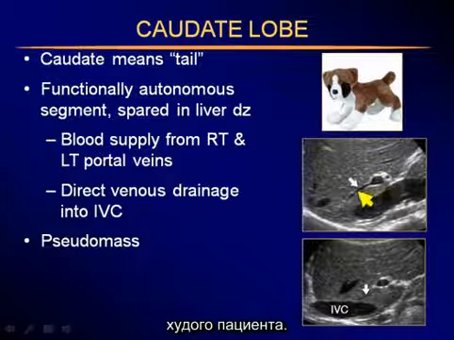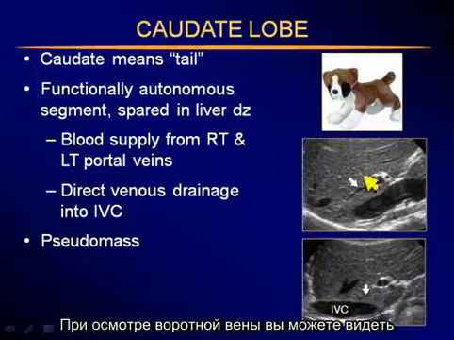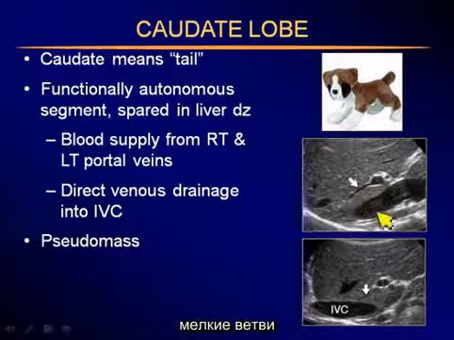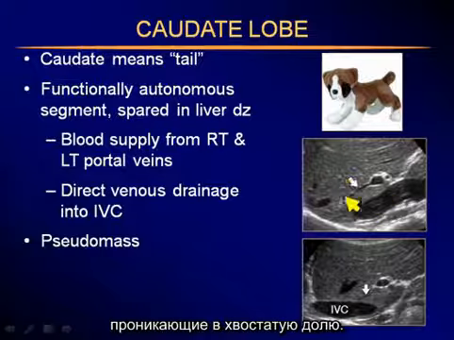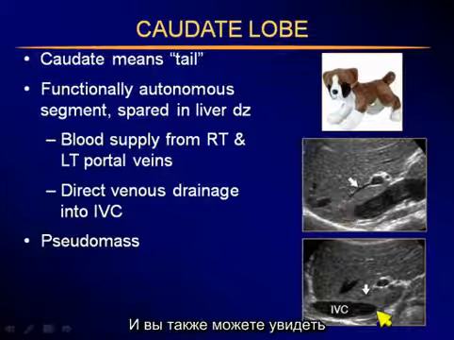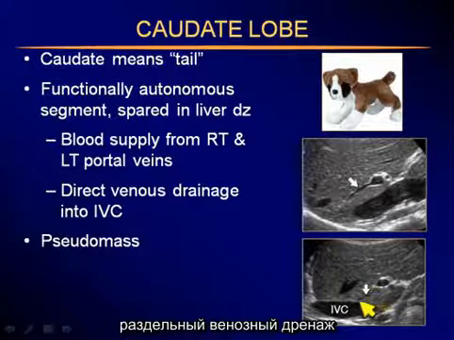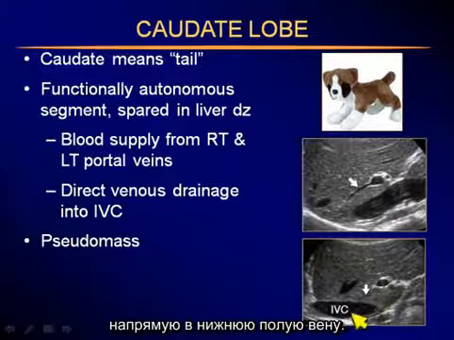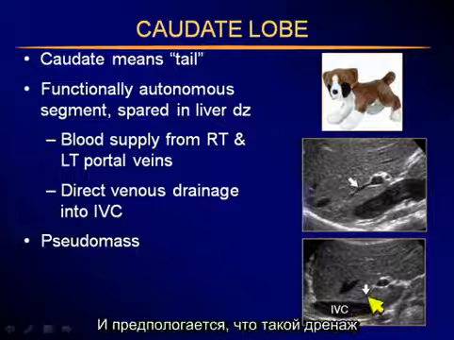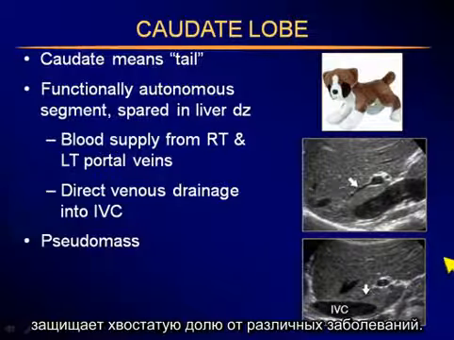If you have a good, thin patient, and you look around the portal veins, you can see small branches entering the caudate lobe. And you can also see separate venous drainage directly into the inferior vena cava. Supposedly that drainage helps to protect the caudate from other diseases.